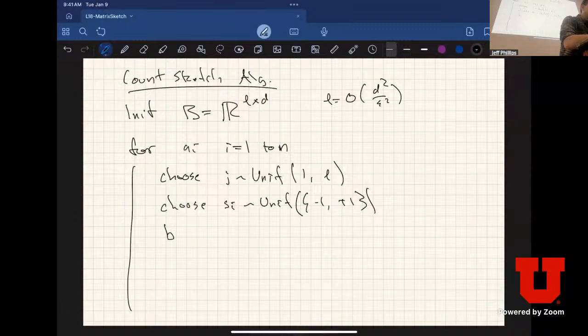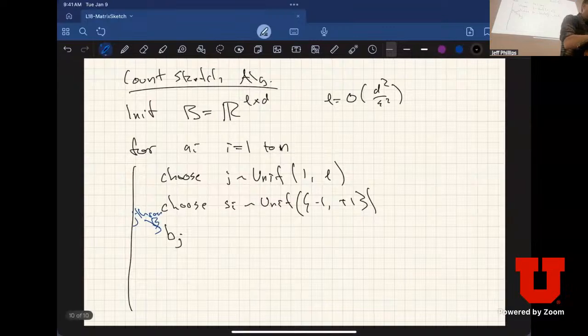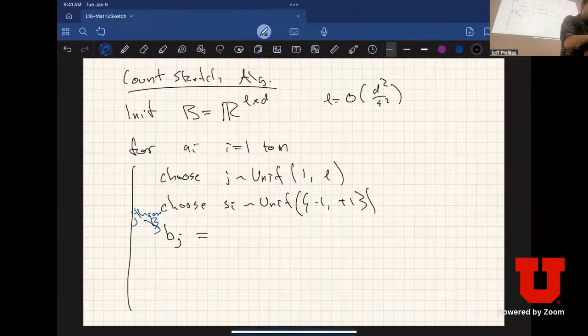And then I'm going to set B_J, the jth row of B, to be B_J plus S_i, which is a -1 or +1, times the row A_i.